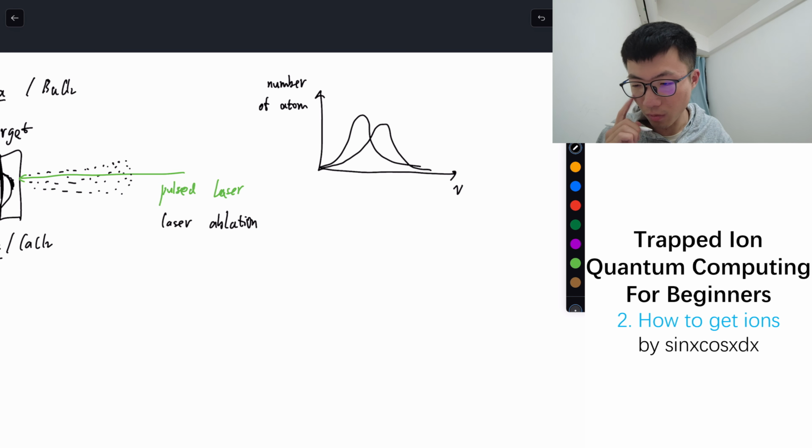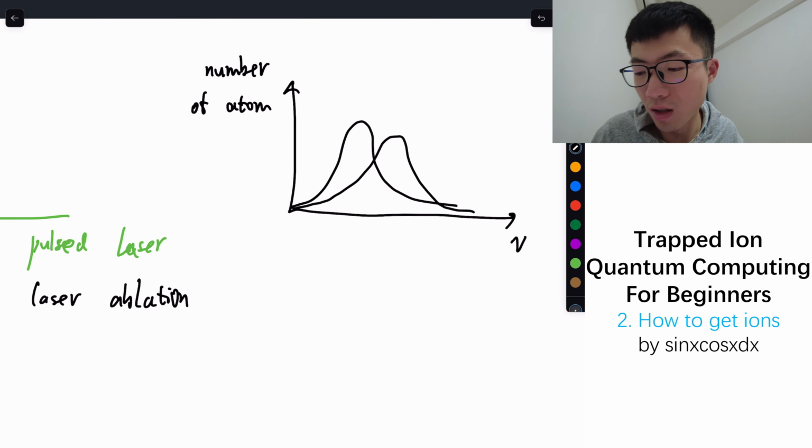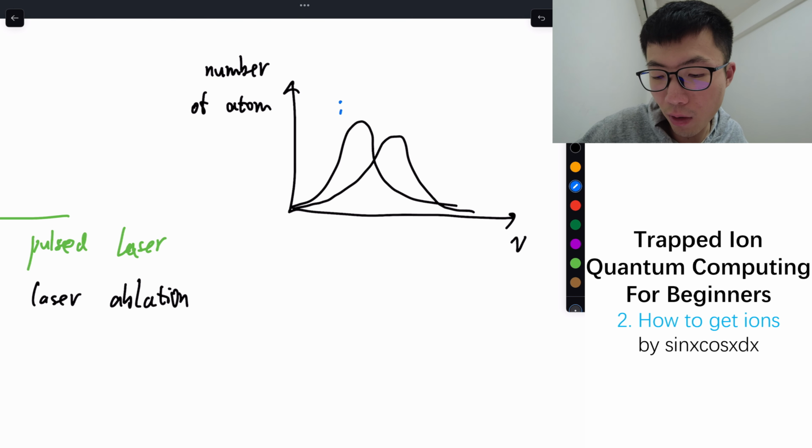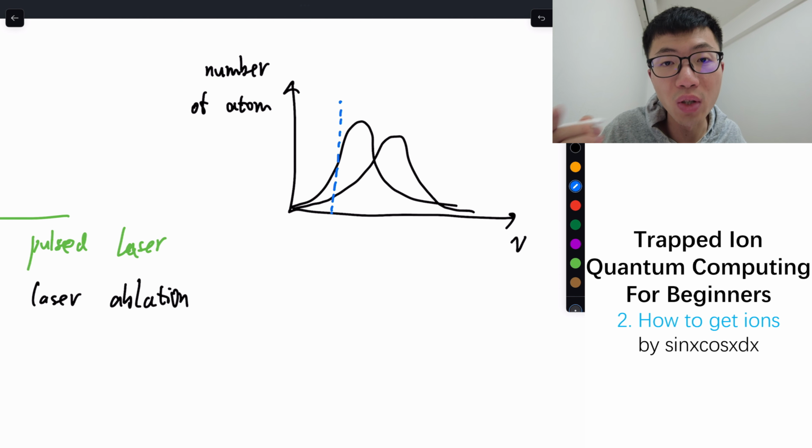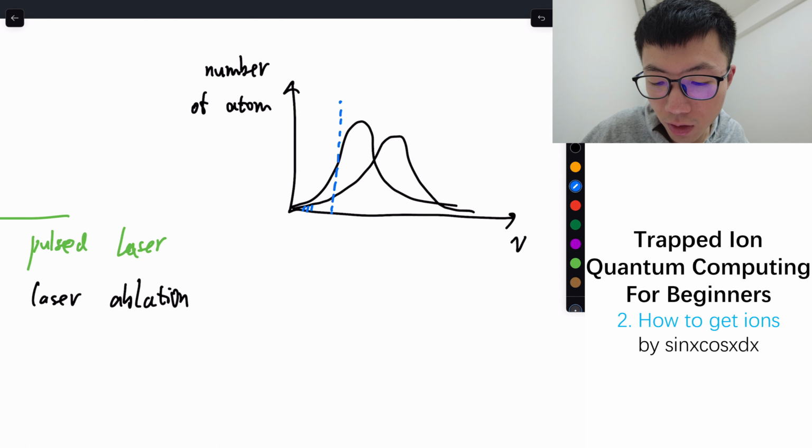So simply, we might think of it in a simple way, that we can set a threshold. Maybe under the velocity threshold, we can cool the atoms down, and the atoms are trappable, are possible to be trapped by the electric field. So if the temperature is very high, only a small fraction of ions could be trapped.